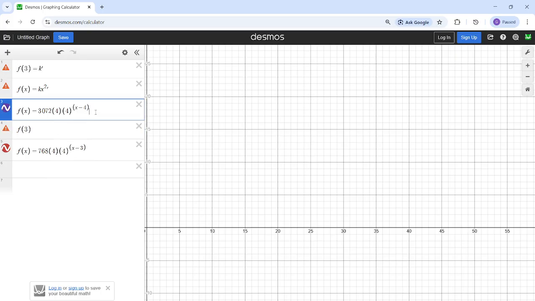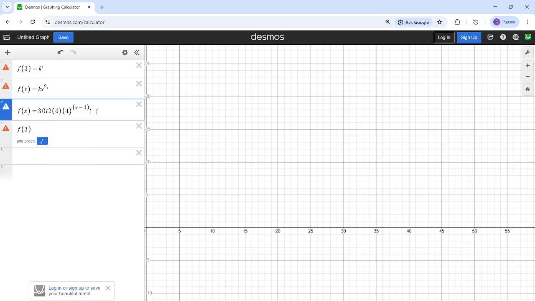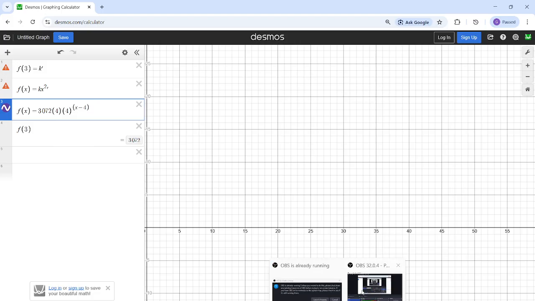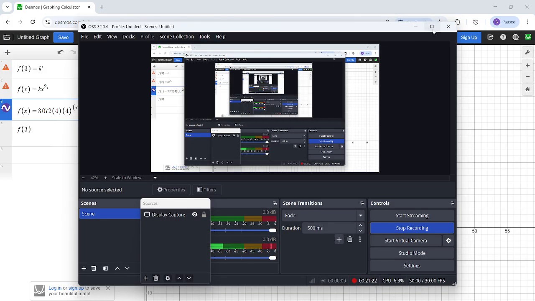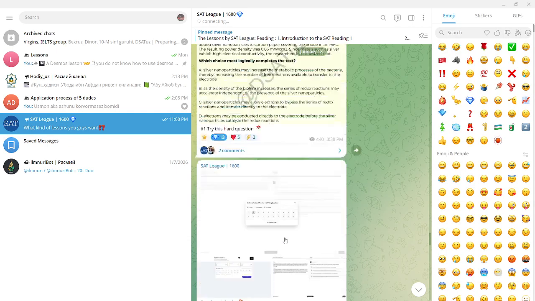Now, if we put f of 3, the value becomes, again, the same number. But this number is not written in here. Because it's not written here, we cannot choose this answer. In the function above, however, the number is directly written. So that is why we should choose that answer choice as the correct one, and that is the correct answer choice as far as I know. Now we learned three things.